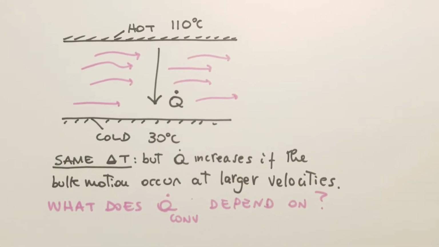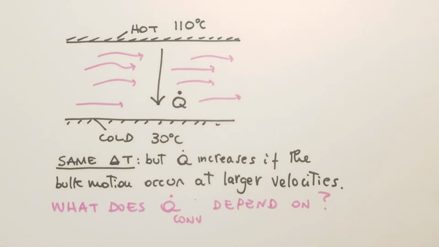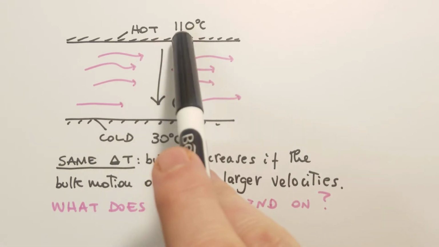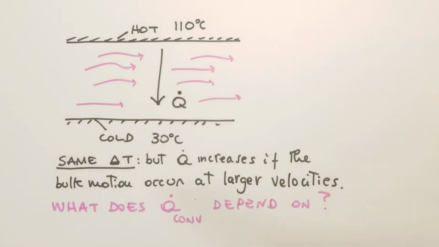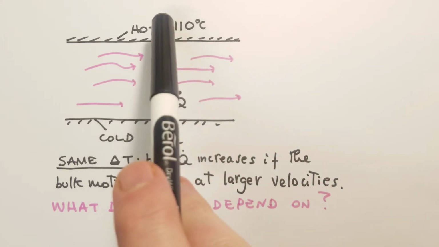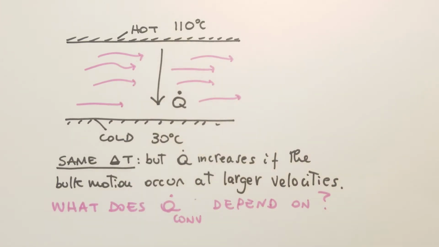Another example is a classical case of two parallel plates. The top plate is hot, in this case 110 degrees Celsius. The bottom plate is cold at 30 degrees Celsius. We have a fluid in between, and so we have heat transfer from the top plate down to the cold plate.